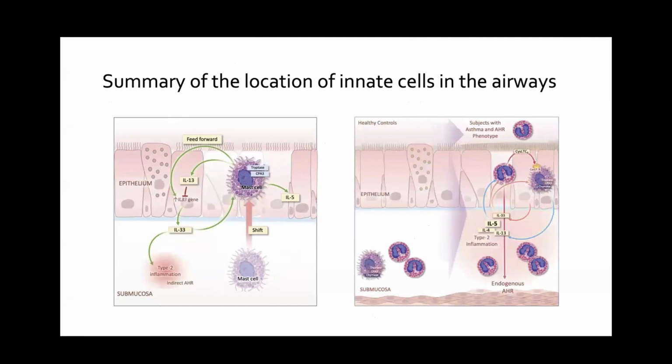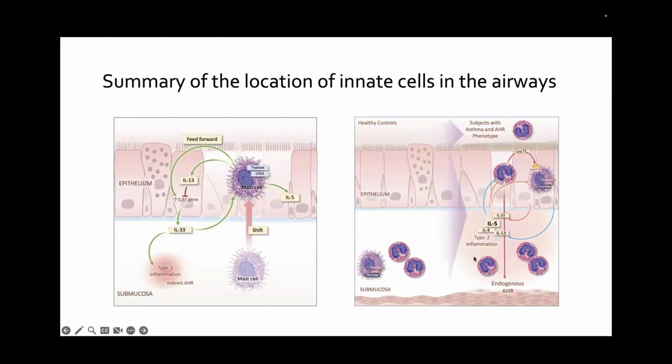And then in our second paper there's eosinophils. They're in the epithelium in association with hyperresponsiveness. They have the ability to phenocopy this mast cell phenotype. And if you're type 2, you have EOs. They're here in the submucosa.